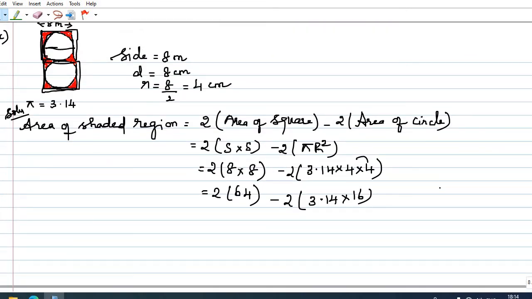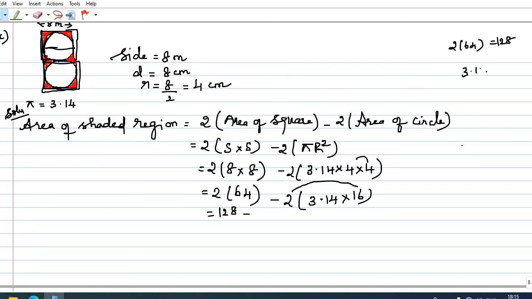Listen children. So here listen. Multiply this. 2 into 64: 4 2s are 8, 6 2s are 12. So which is 128 minus 32 into, see listen, 2 16s are 32.